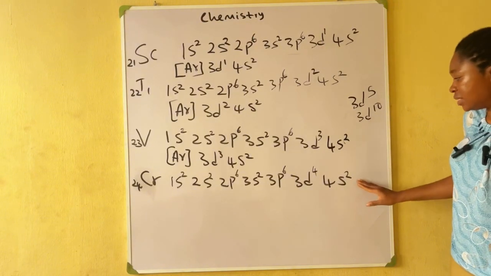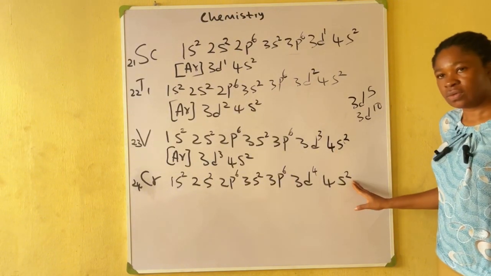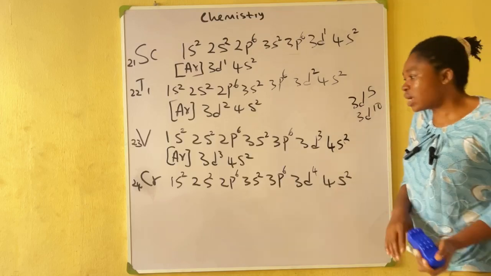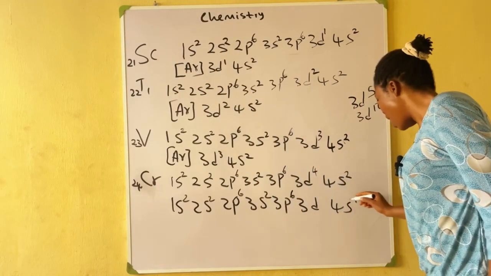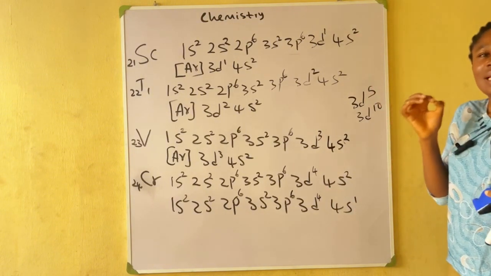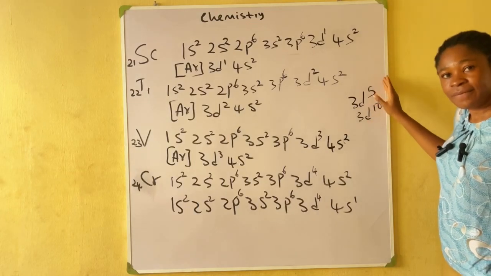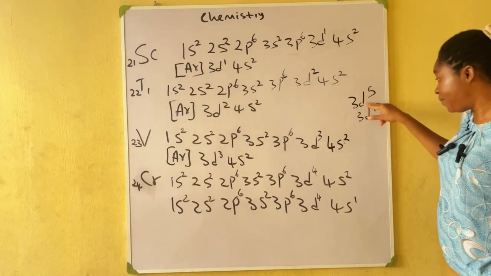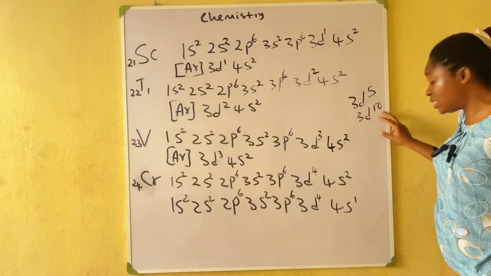So look at this interior configuration. Another person can also draw it like 4s1, 3d5. Like I told you, there's a stability associated when 3d is 5, that's half filled, and when it's completely filled, that's 10.